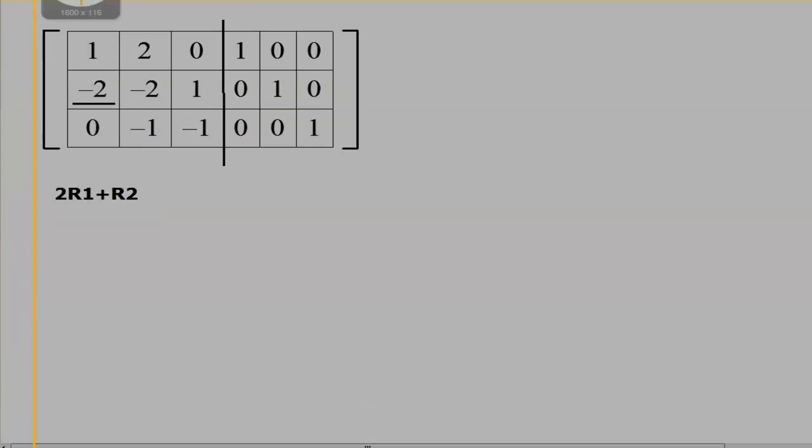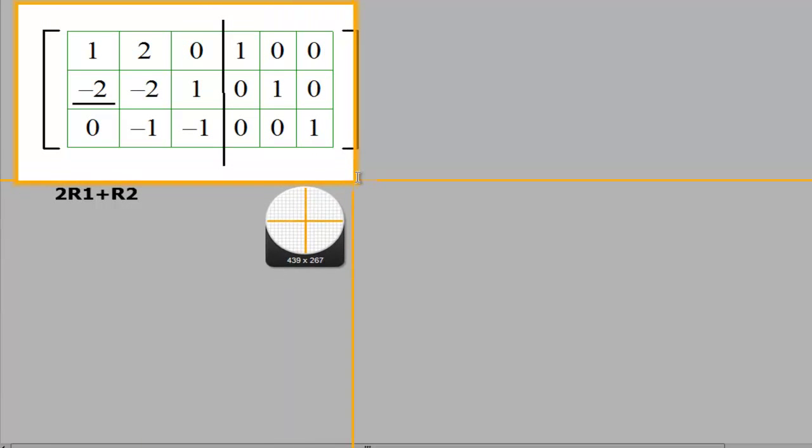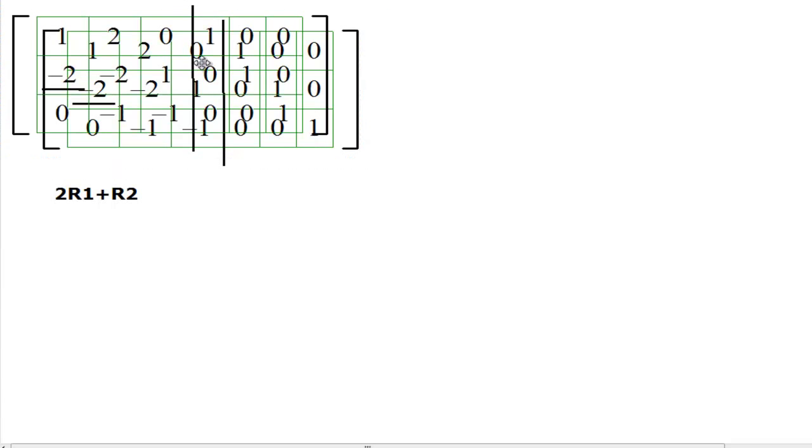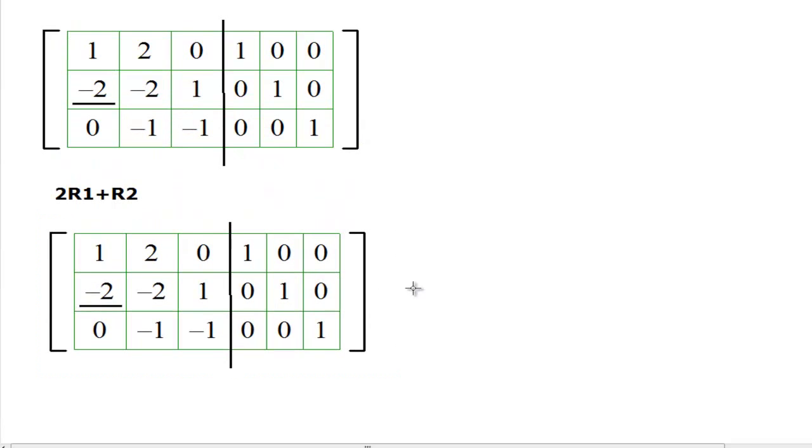So we have the matrix. Let me just bring that down here for you. We will take 2 times row number 1 and add it to row number 2. So what will happen here?